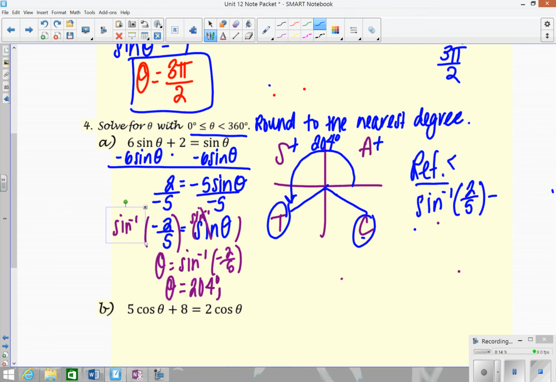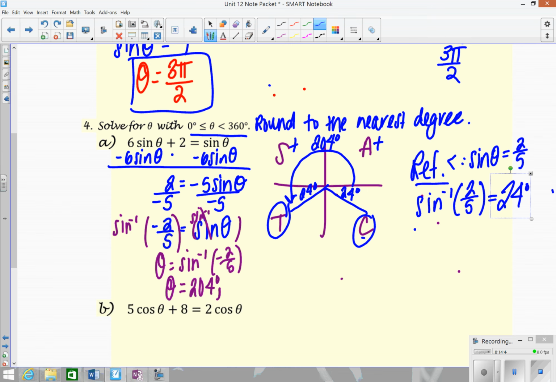And that'll get you 24 if you round to the nearest degree. So basically you solve for when does sine of theta equal +2/5, and then take the inverse of both sides, and that gets you 24. So this is 24 degrees, and this is 24 degrees.